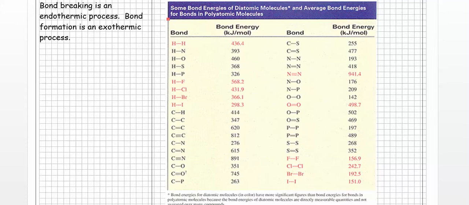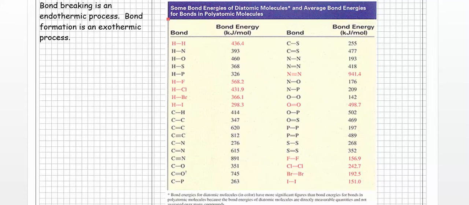So if I had 2 moles, I'd have to double that. If I had 10 moles, multiply it by 10 and so forth. Now, as you can see, that's going to be different than, for example, a hydrogen-nitrogen bond, 393 kilojoules of heat per mole and so forth. So I've got a number of different bonds listed here, and I can use this information to determine what the delta H is for a chemical reaction, all right?